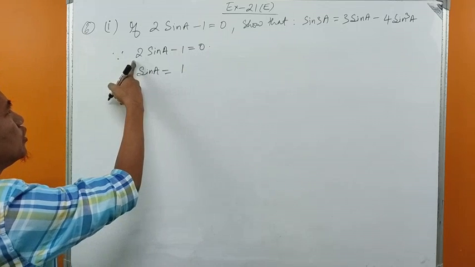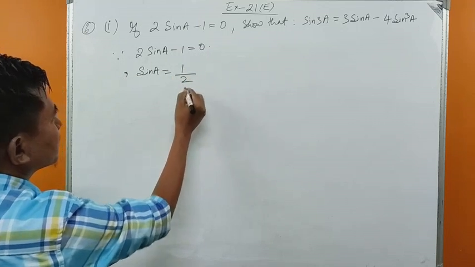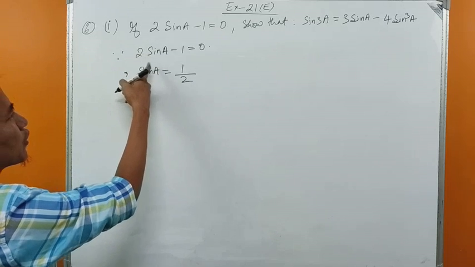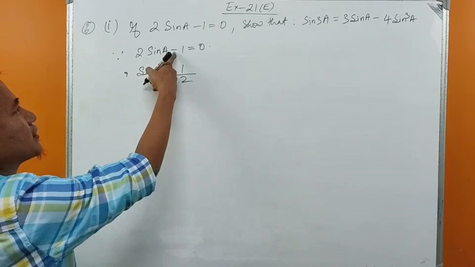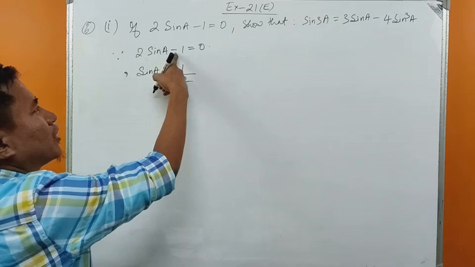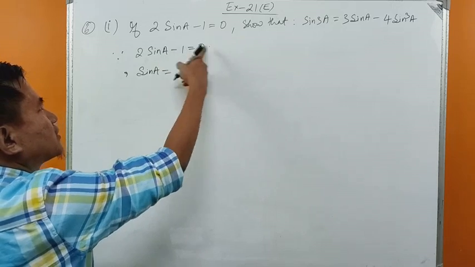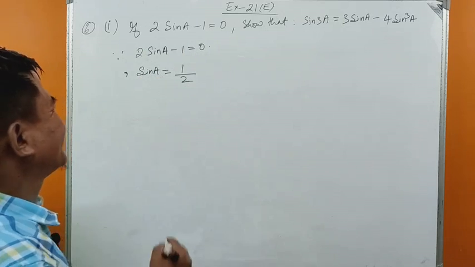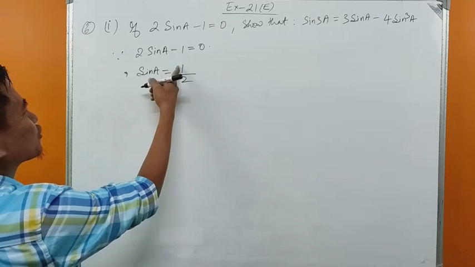This 2 goes to the denominator by cross multiplication. Minus becomes plus, plus becomes minus, into becomes divide, divide becomes into. I hope you know this. So we have sin A equals 1 upon 2.